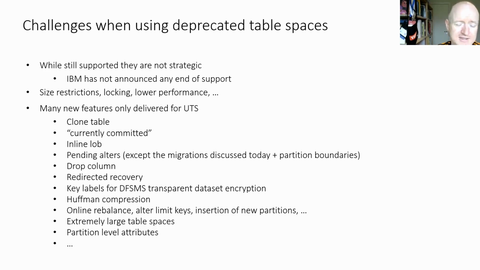Some more recent enhancements would be redirected recovery, key labels for transparent encryption, Huffman compression, etc. All of these are only available for universal table spaces. So if you're using some of the older table spaces, you cannot exploit any of these new features. So that is one advantage of moving forward.